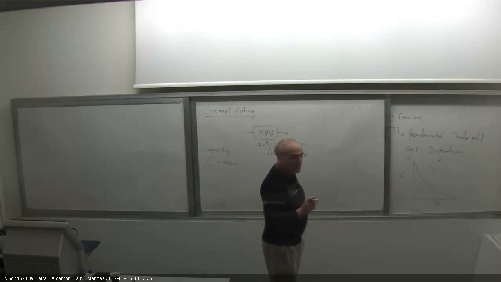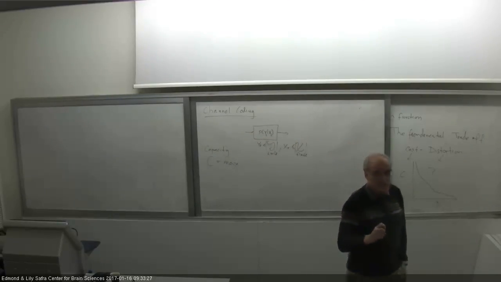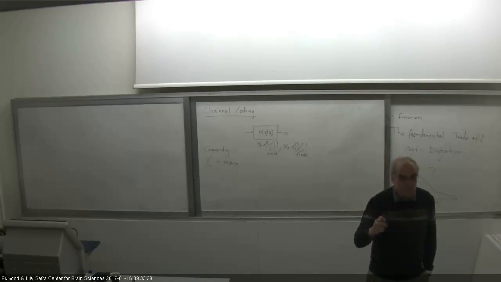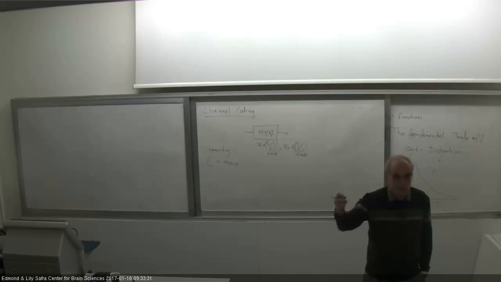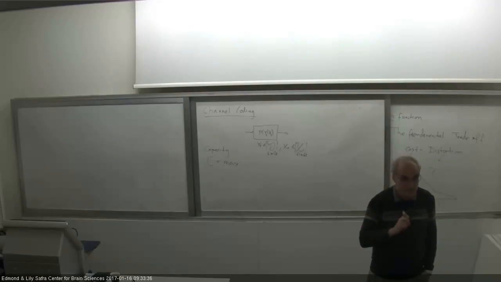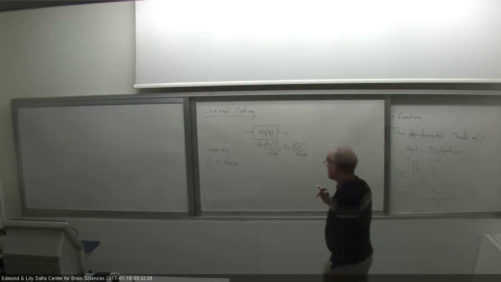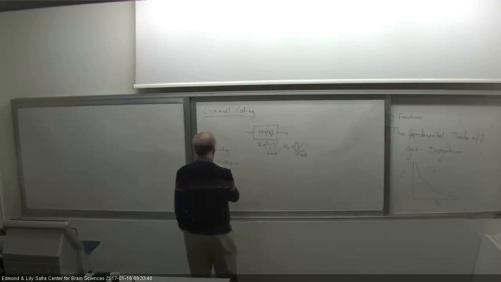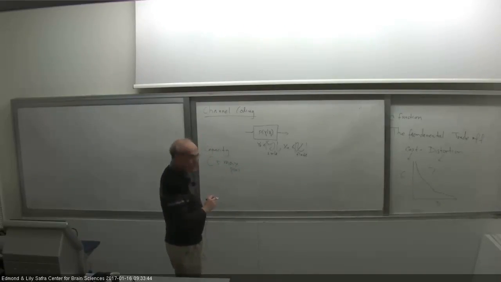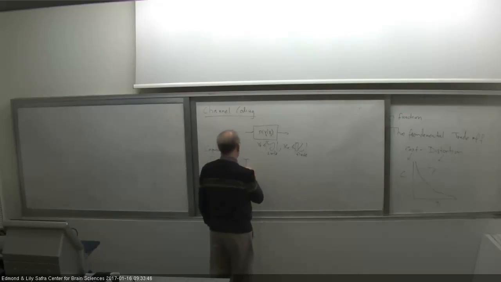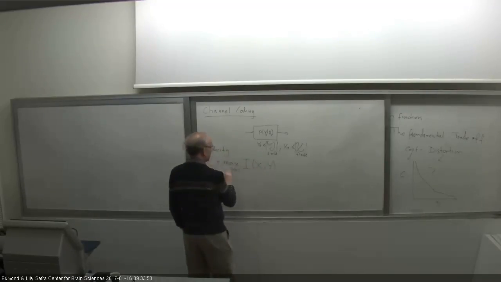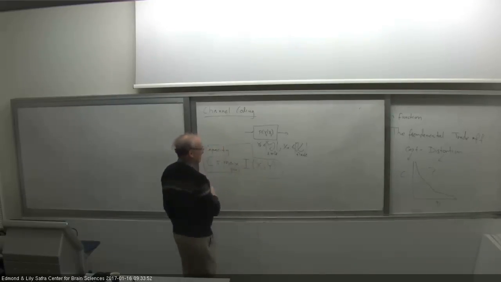Here I'm talking about essentially the bit rate: how many bits I can transmit through the channel reliably, even if there is noise in the channel. So the capacity is simply defined as the maximum over all the possible input distributions of the mutual information between x and y. So this is the definition. Okay?